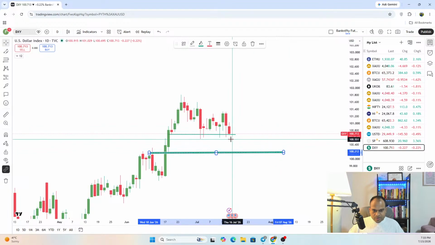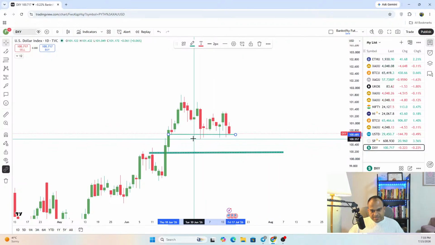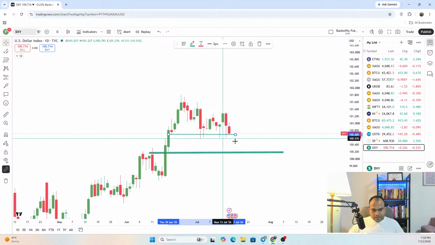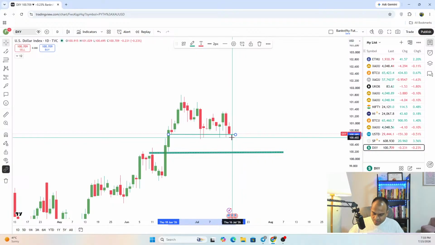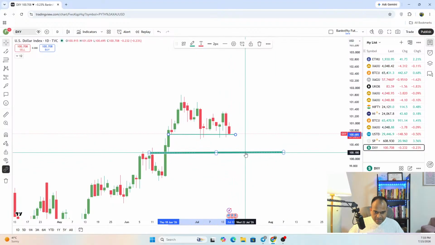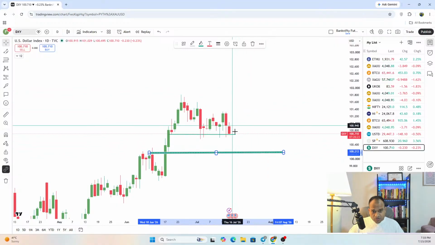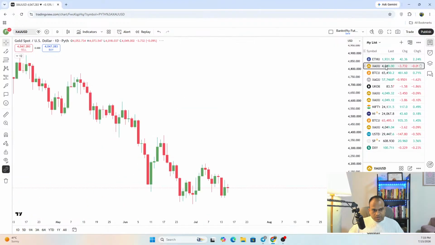Because this level of 100.68 has already been tapped once, twice, thrice, four times in the last 2 weeks, it seems like there is selling pressure and bearish pressure. The sellers are stronger here, so we might expect the market to come to this zone. And if that happens, as you see, the dollar value is going down, and we can see that the price of gold is actually going up.